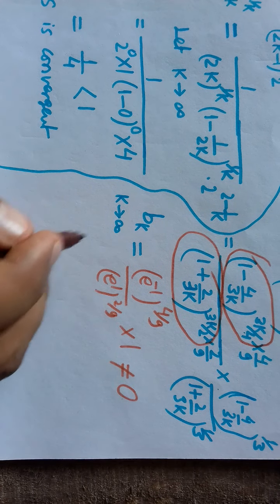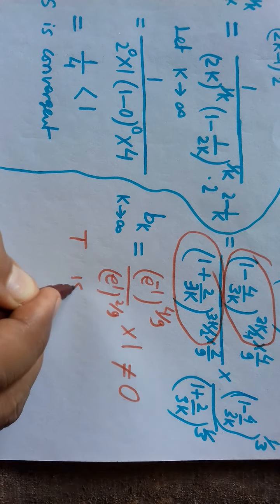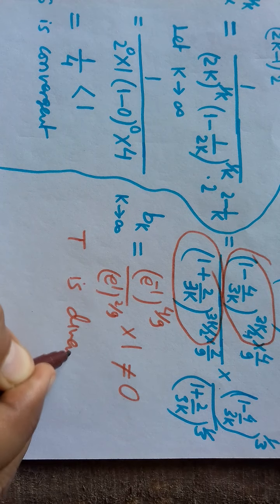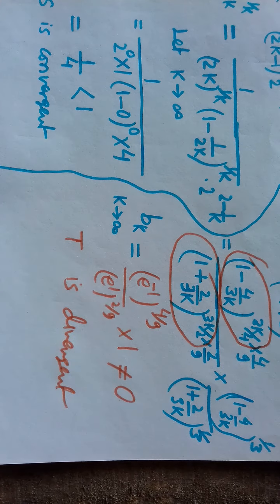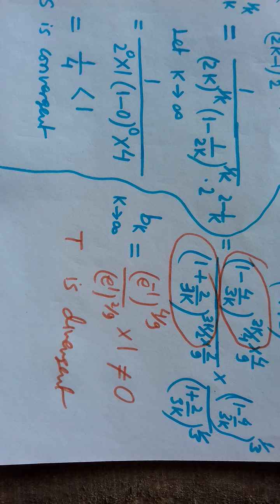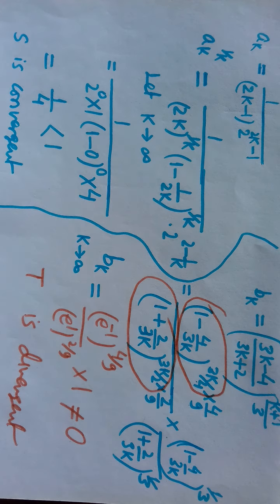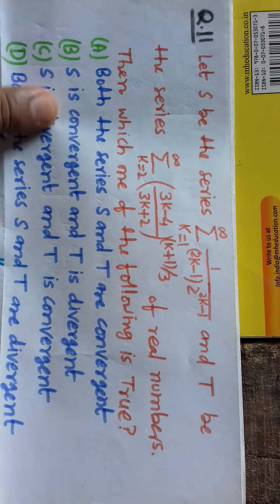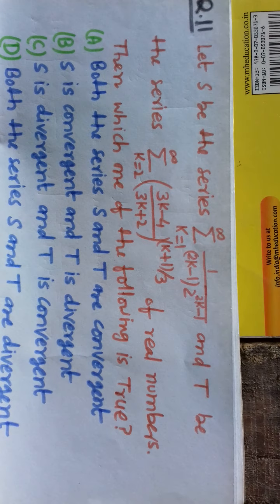So the second series, that is T, is divergent. So our option B is correct. In B you see S is convergent and T is divergent.